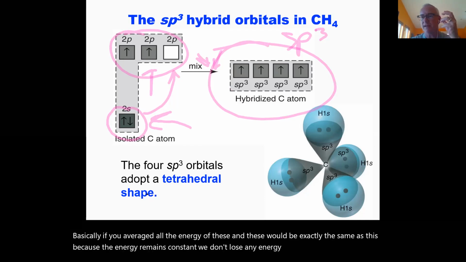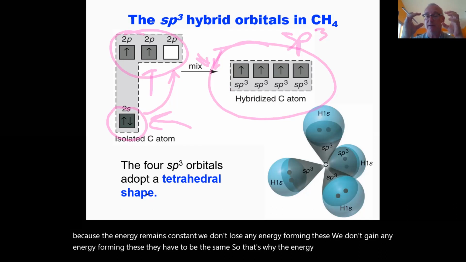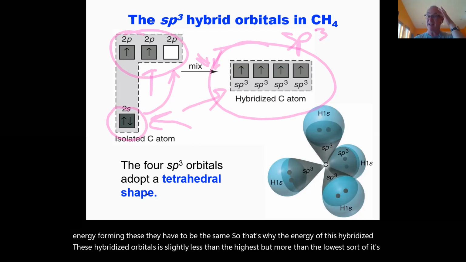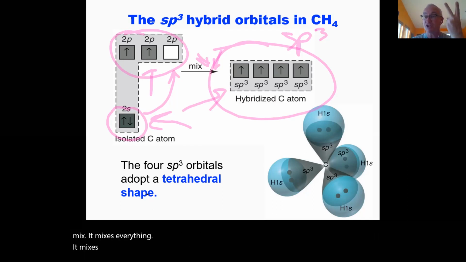We don't gain any energy forming these. They have to be the same. So that's why the energy of these hybridized orbitals is slightly less than the highest, but more than the lowest. Sort of, it's a mix. It mixes everything. It mixes the orbitals, it mixes the shape, and it mixes the energy so that they're all equivalent.